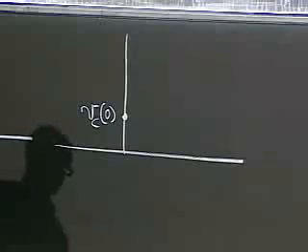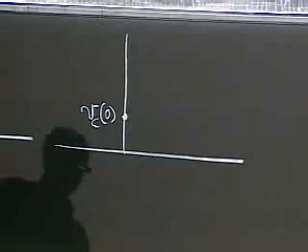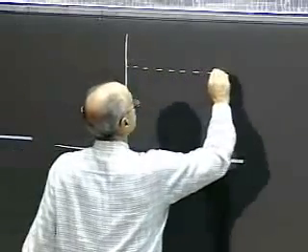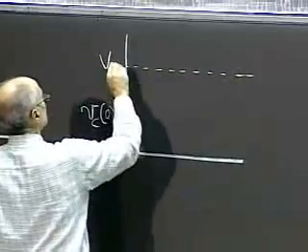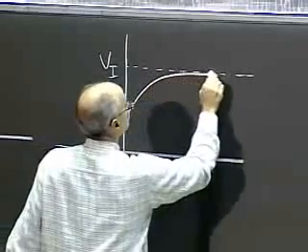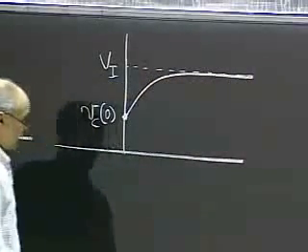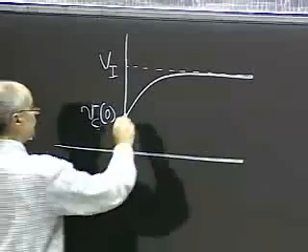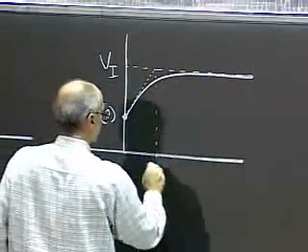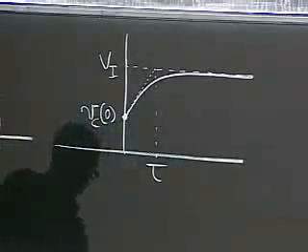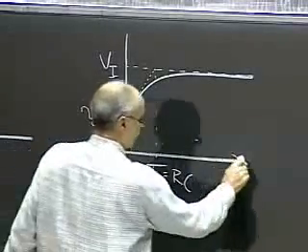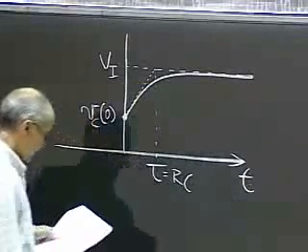Now, Vc of 0 is the voltage on the capacitor at that time. Assuming that Vi is a value larger than Vc of 0, we'll have a rising exponential that will come to this value, with time constant RC, and this is time.